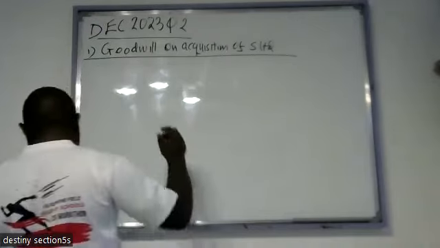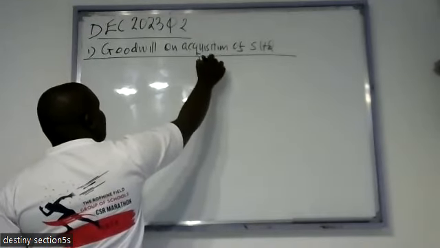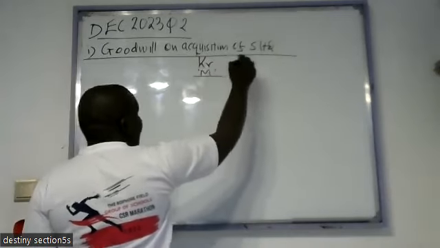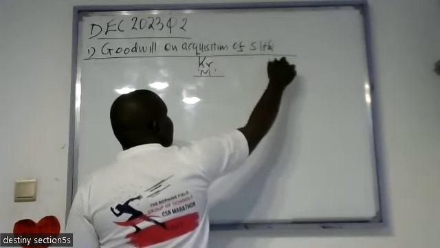So here you will have the crores in millions. Then you will have here Kenya shillings.